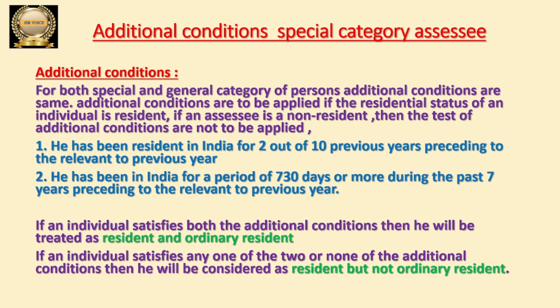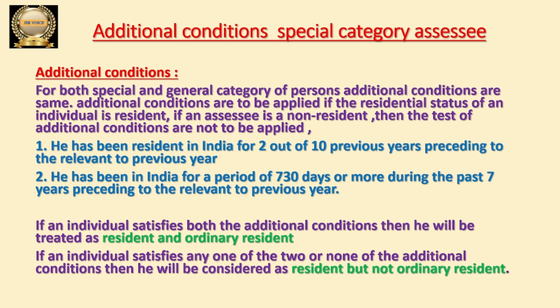The second one is he has been in India for a period of 730 days or more during the past 7 years preceding the relevant previous year. So we have the previous year 2023-24, and before that, the 7 years period. He has been in India for 730 days out of those 7 years.